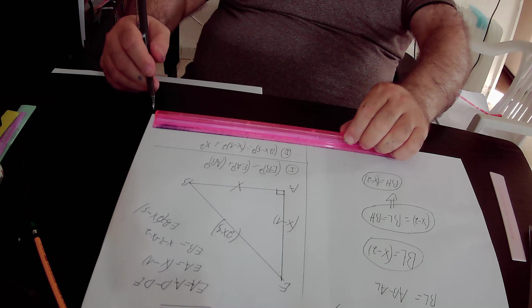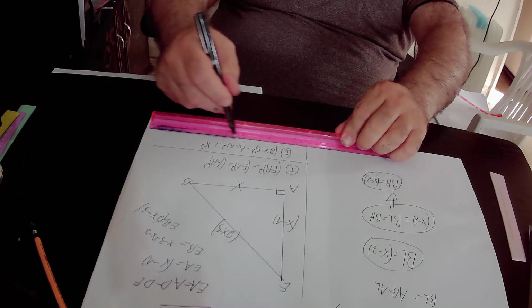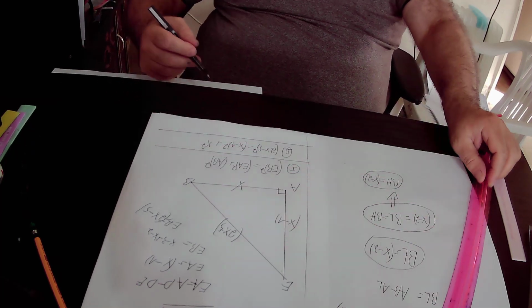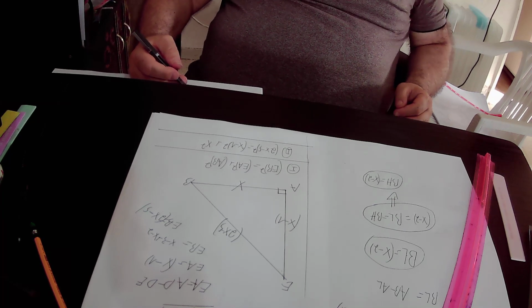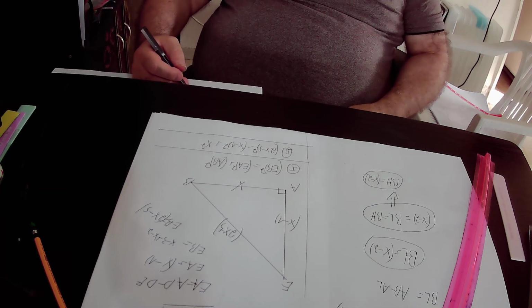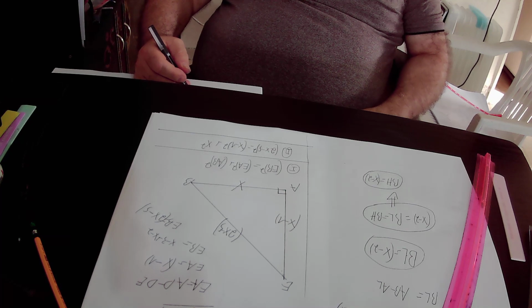Here we will open the brackets on both sides of equation number 1. We will use the algebraic identity that (a minus b) squared equals a squared plus b squared minus 2ab.